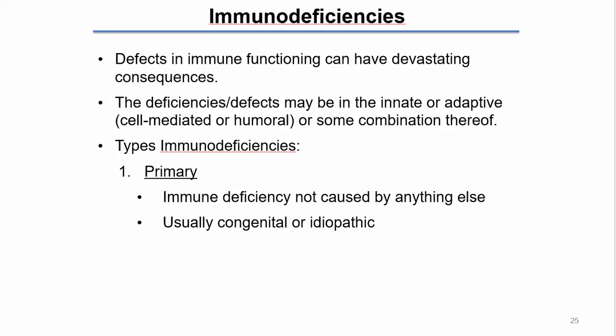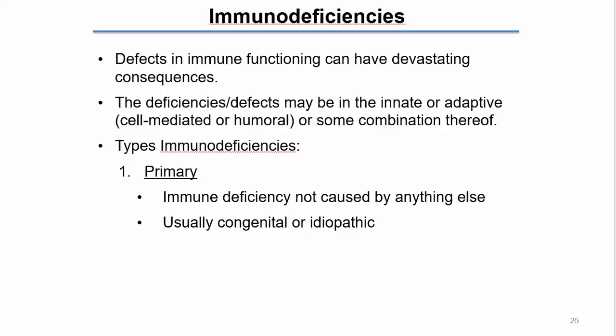Now, there are two types. There are primary and there are secondary. The primary immunodeficiencies are where there is something wrong with the way the immune system has developed, and it's not caused by any other intrusion. So usually it's congenital.